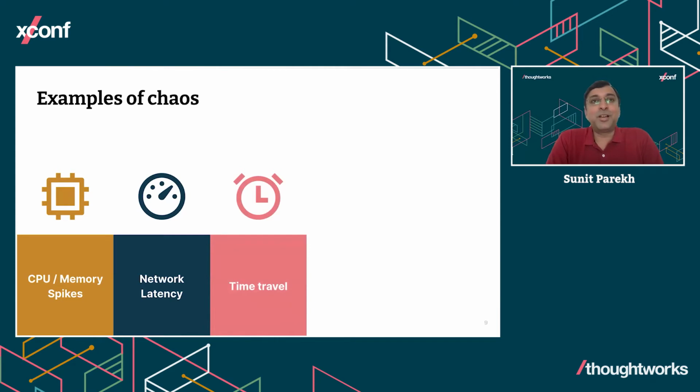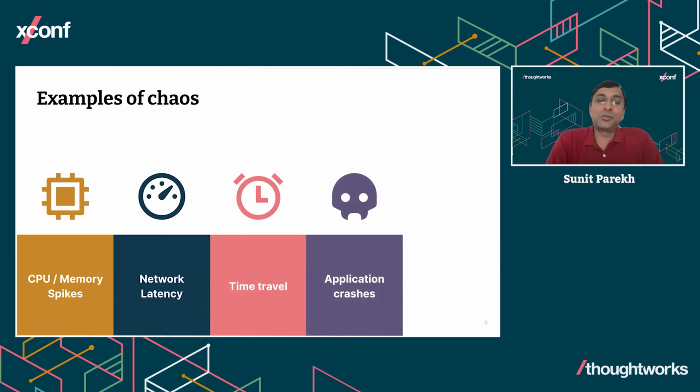What happens when you have daylight saving? What happens during the peak load and all that? Another one, application crashes due to bugs, memory leaks, or any other problem in the application. How does our overall system behave in that situation?